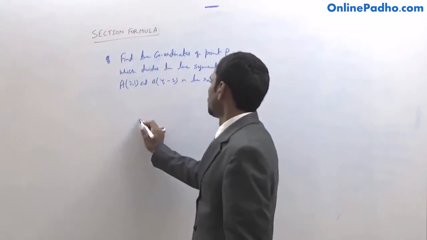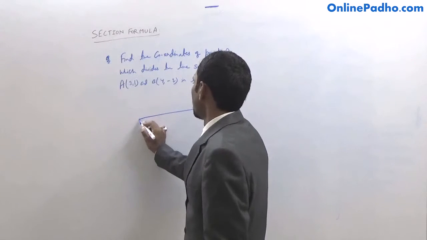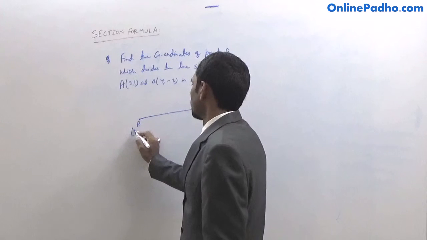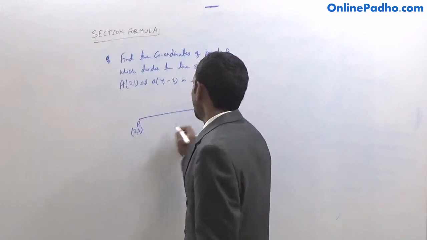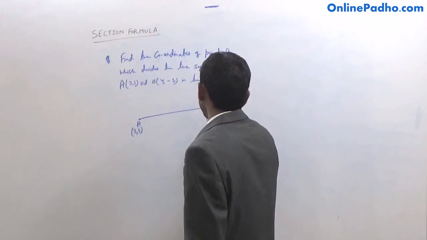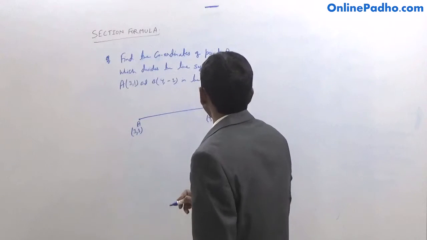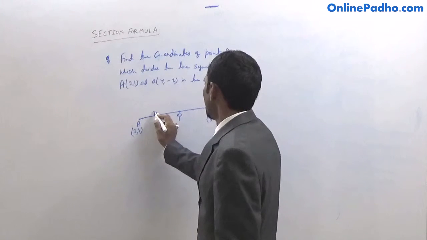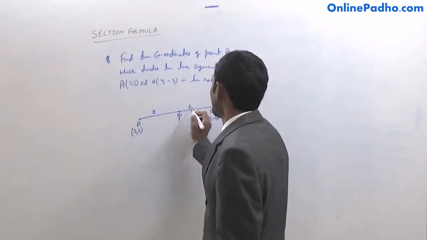So here you can draw a rough diagram like this. The coordinate of point A is (3, 1), point B is (4, -2), and we have a point P which divides this line segment in the ratio 2:1.